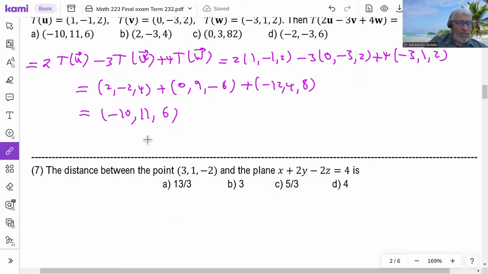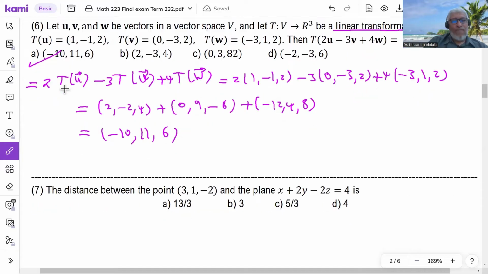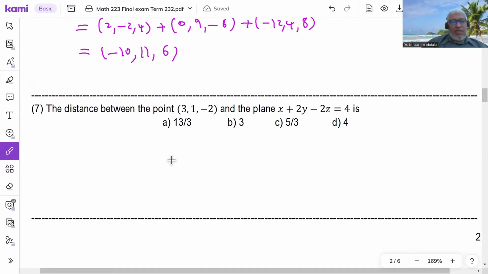This is part 6. So what is the answer? A. The distance between the point and the plane.